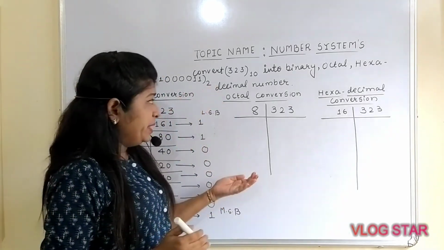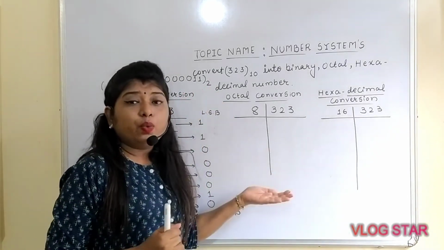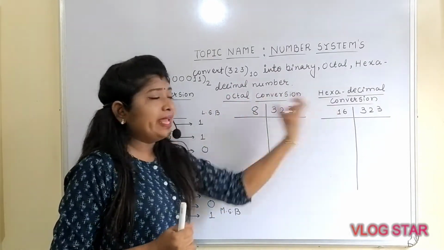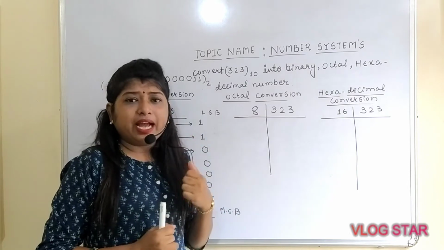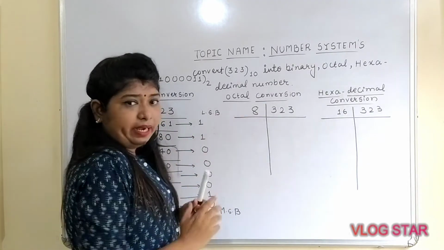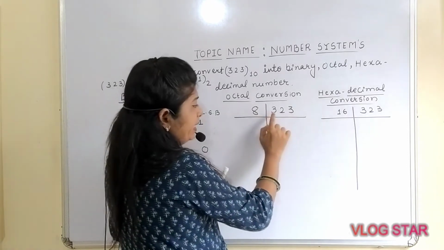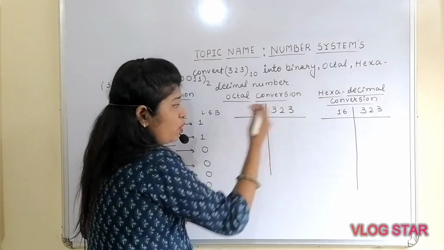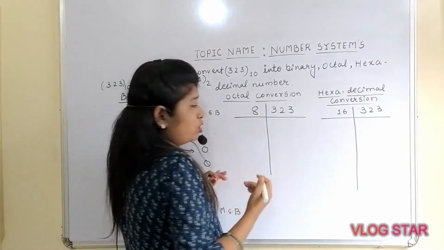Now you need to tell me how you are going to convert this particular decimal number into octal and hexadecimal. Will you be able to do that? Come on, let's begin with the first part. Now this is what? 323 divided by 8. If you divide, can you tell me the quotient?